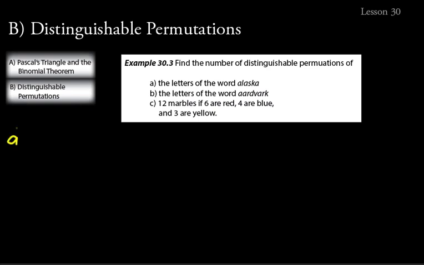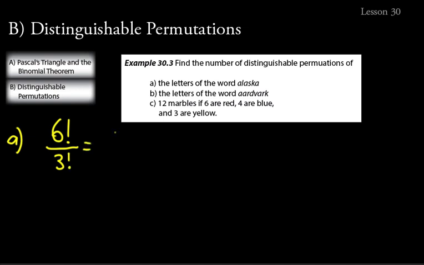And let's start with Alaska. 30.3a: what's the number of distinguishable permutations in the letters of the word Alaska? Well, how many letters do we have there? We have 6 letters in the word Alaska, so we just have 6 factorial. That's the total number of ways, and then divided by 3 factorial, because the A repeats 3 times.